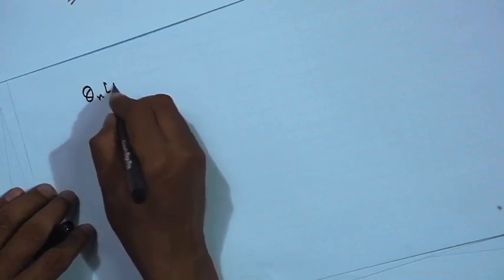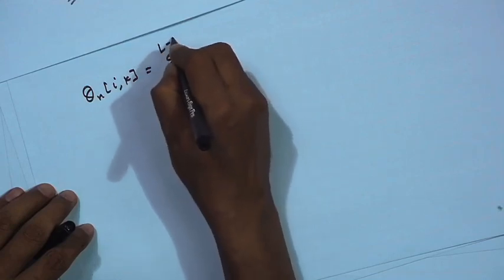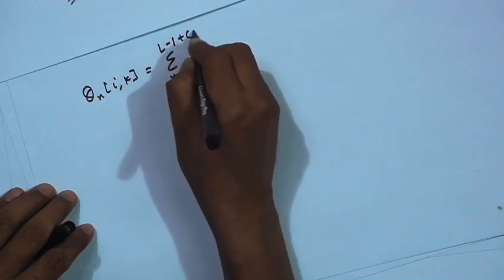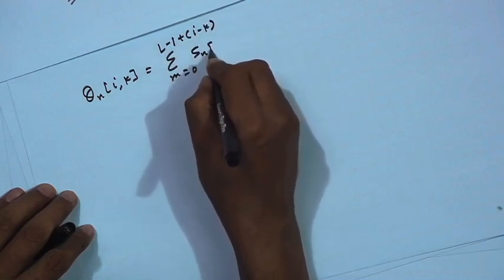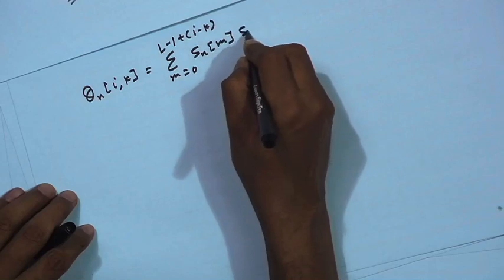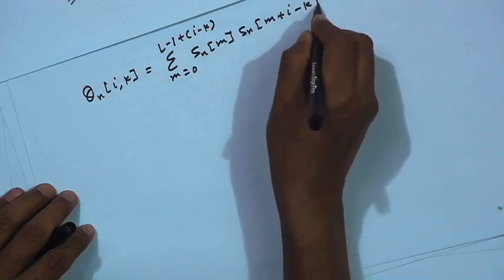So, I can say that phi n of I, k, I can rewrite as the sum for m equal to 0 to L minus 1 plus I minus k of S n of m times S n of m plus I minus k.